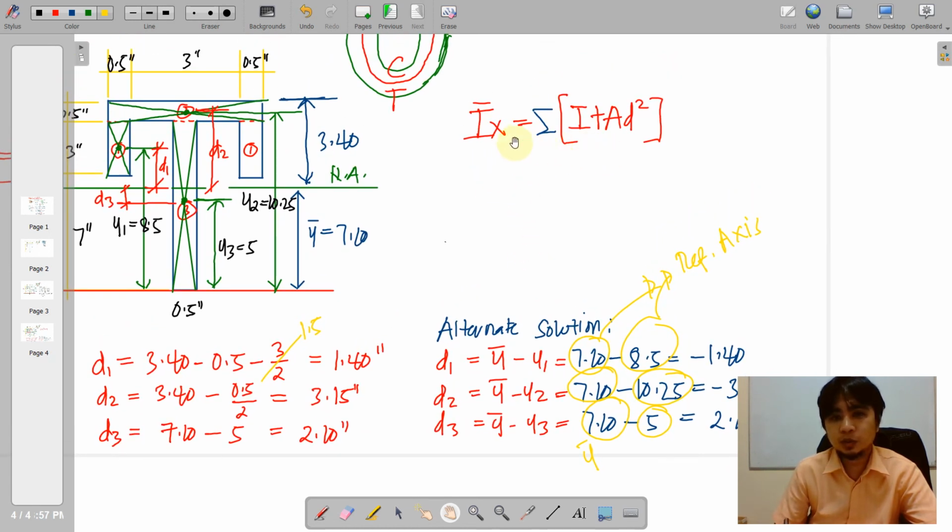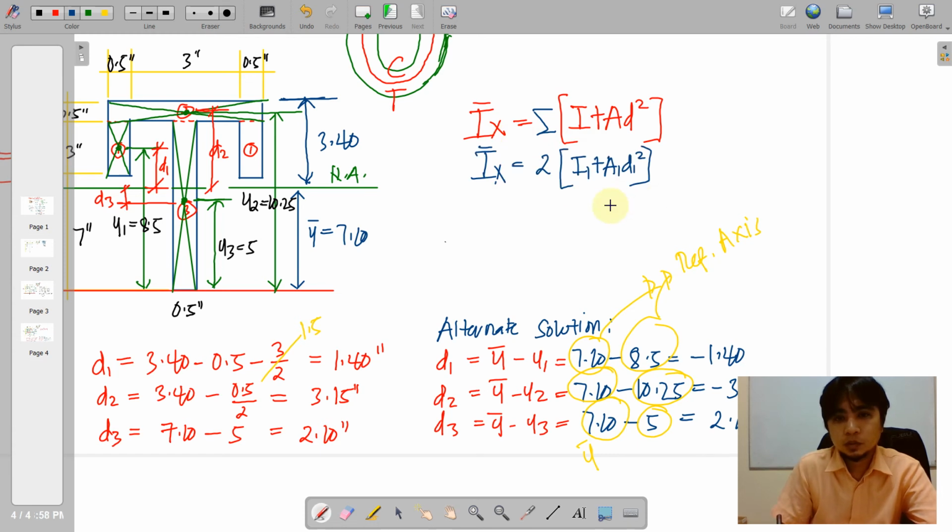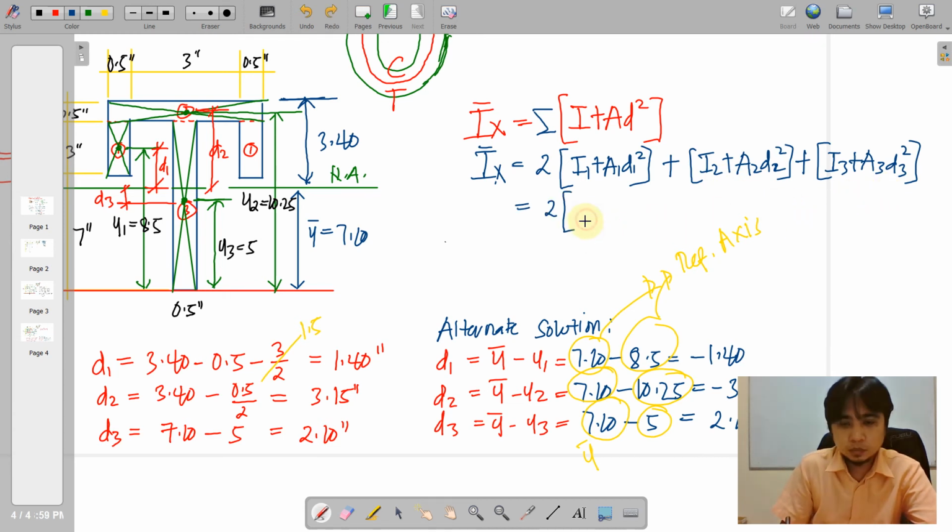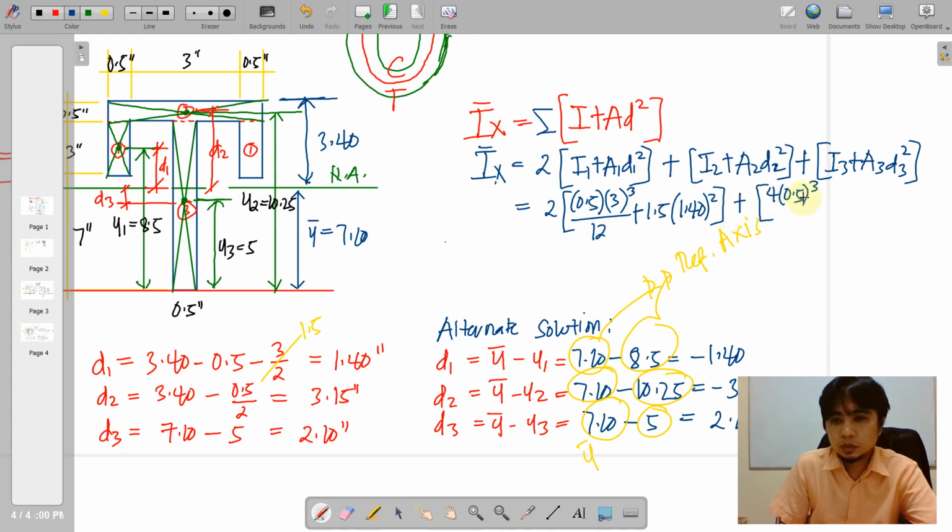So we are now ready to determine our I bar X. We have two areas for 1, a single area for 2, and I plus AD squared for 3. So substituting the values, we have 2 times 0.5 by 3 cubed all over 12 plus 1.5 for area 1 times 1.4 squared, plus 4 times 0.5 cubed for 2 all over 12 plus 2 times 3.15 squared.